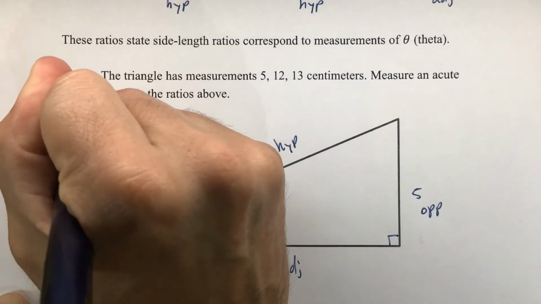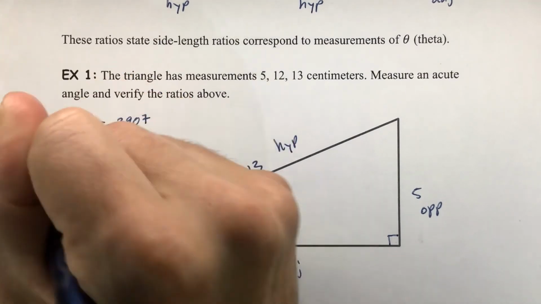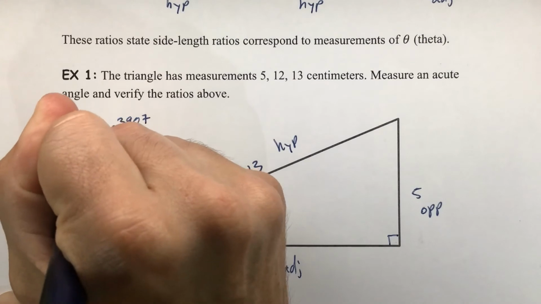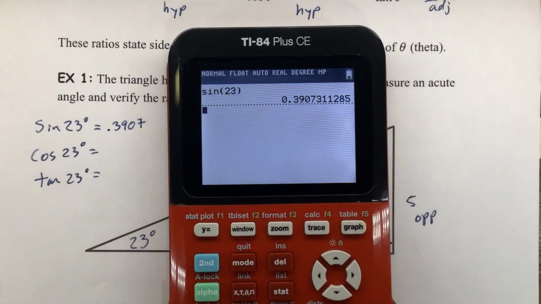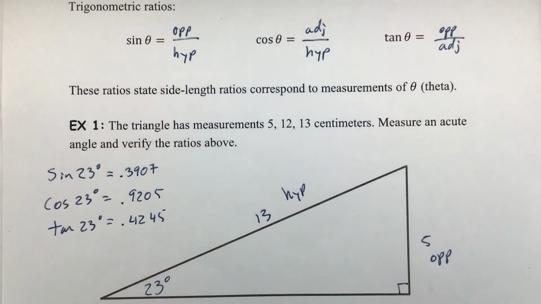While I'm here, let me just go ahead and type in the other ones, just so that I have all those numbers. All right, so cosine of 23, it's going to give me that, and then tangent of 23 is going to give me that number. So what do these numbers actually mean? We took the sine of 23 and we got this decimal number.